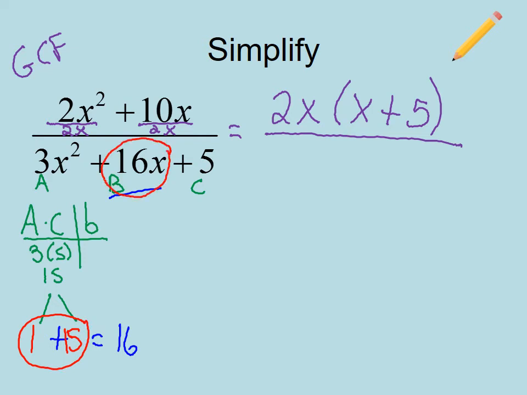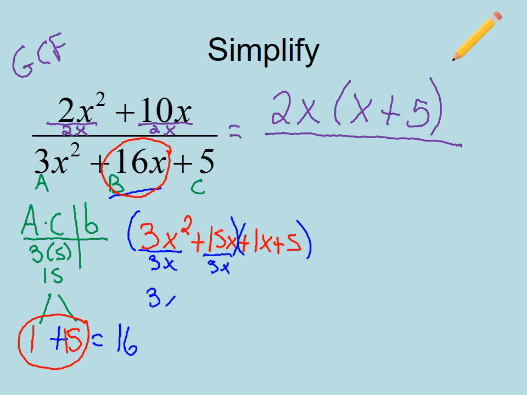Now I'm going to rewrite my problem. So I have 3x squared plus 15x plus 1x plus 5. Once I get here, I'm going to move into my grouping. So my first 2 terms are going to go together, and my second 2 terms. Here I can take out a 3x.